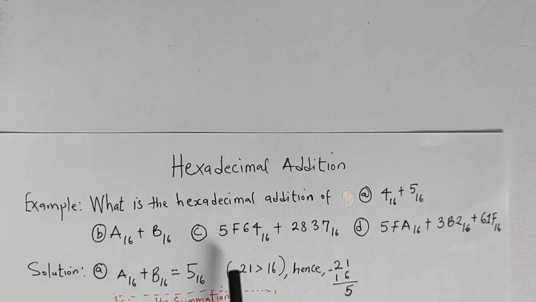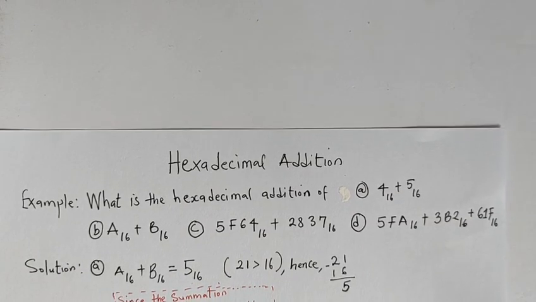Now if you notice, 21 is greater than 16, so we subtract 16 from 21. 21 minus 16 gives you 5. So that is how we arrive at the answer 5. Therefore A plus B in base 16 gives us 5 base 16. So this is the answer.